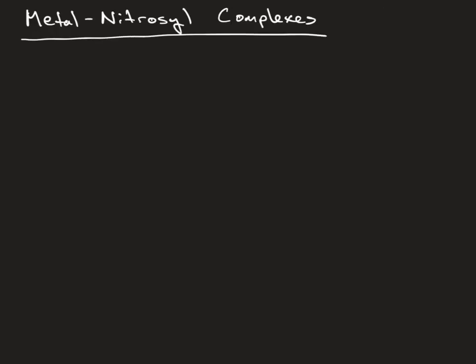The last set of complexes that we're going to talk about are metal nitrosyls. So the metal NO complex. And although NO is not an organometallic ligand, it's often associated with organometallic chemistry. NO is unusual in that it's a stable radical species.